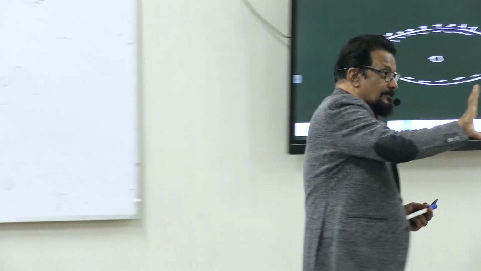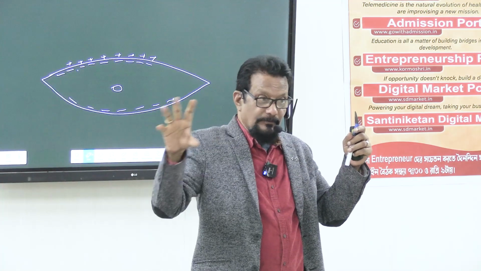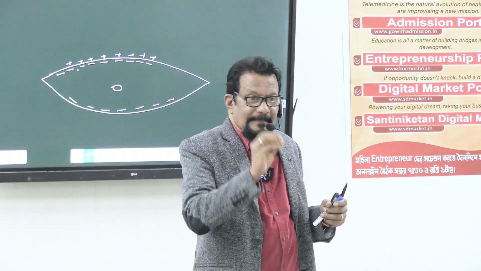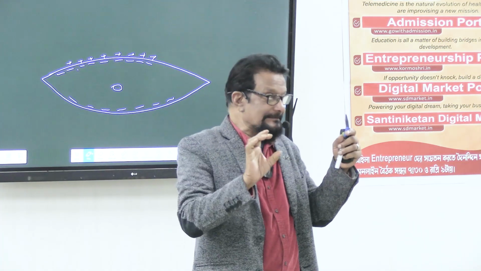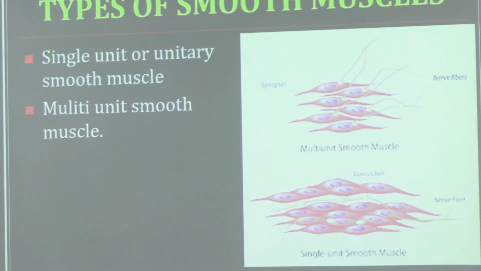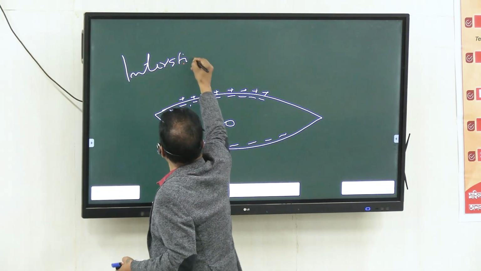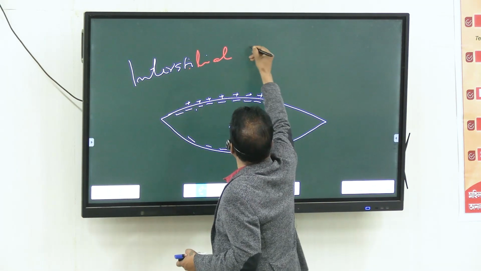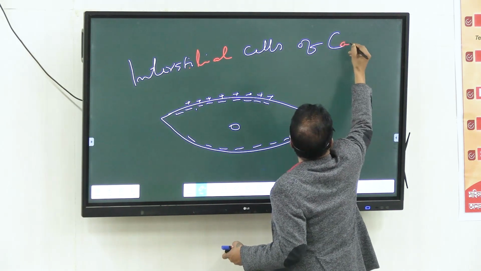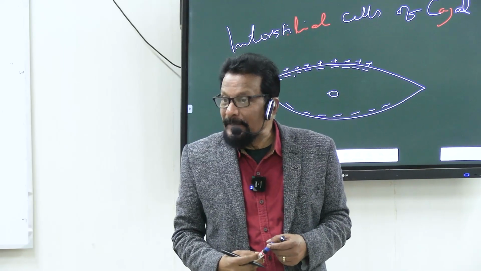We have bundles of smooth muscles, and in between these bundles there are some special cells, the interstitial cells, cells of Kajal. These are also called pacemaker cells.